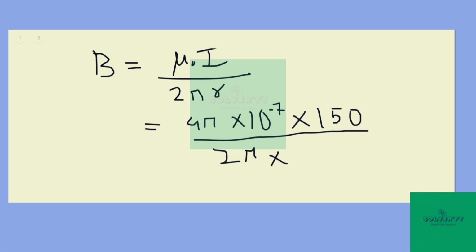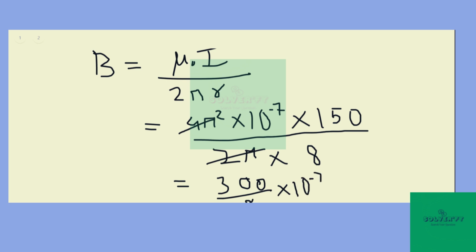And in our case, the distance is 8 meters. So I write 8 here. If you cancel this, you get 2 here. So you have 300 divided by 8 times 10 raised to negative 7.